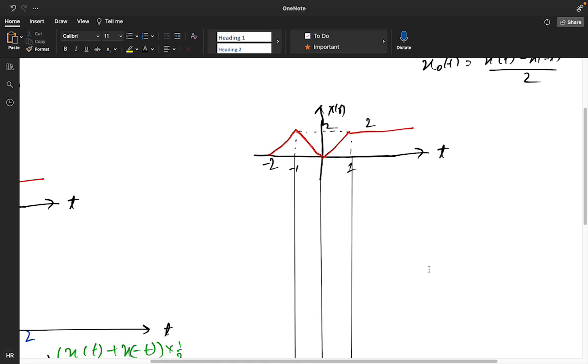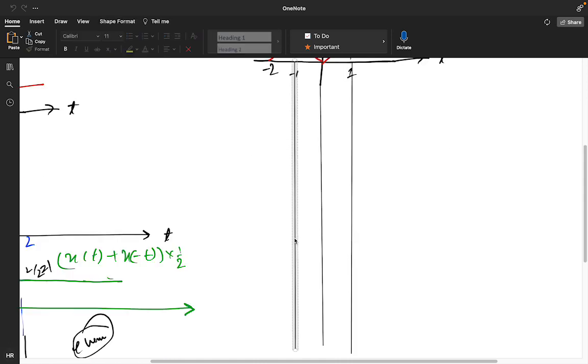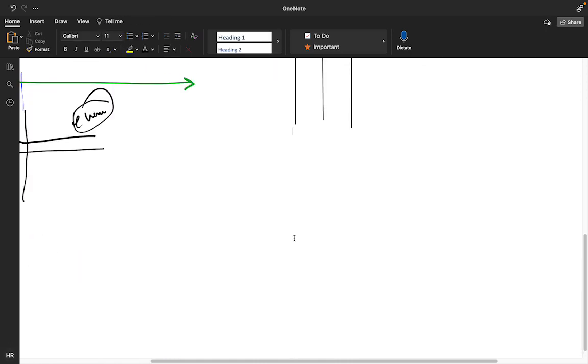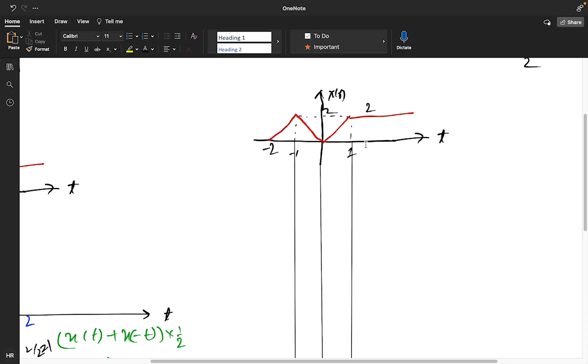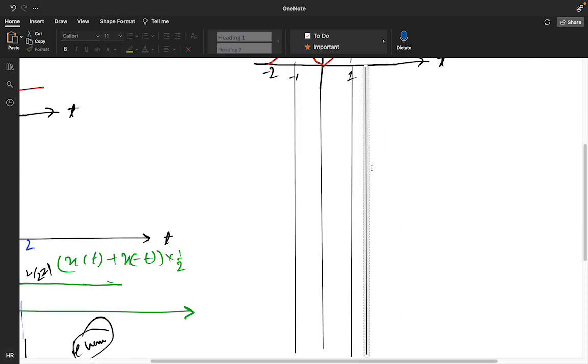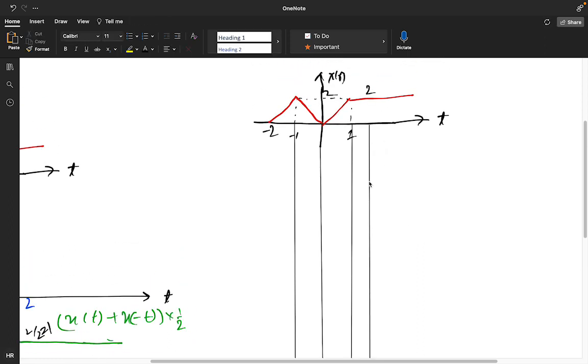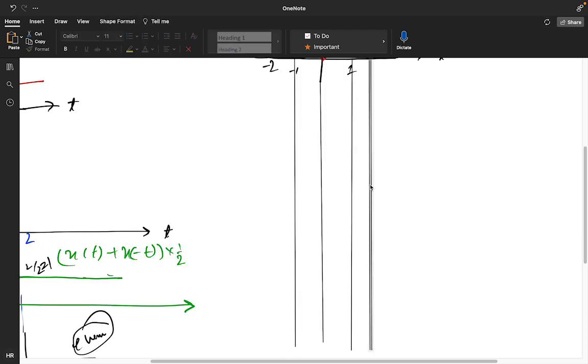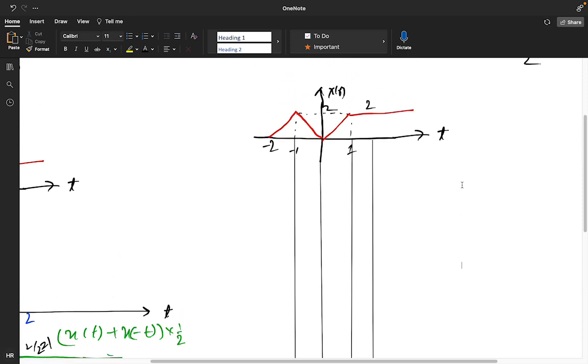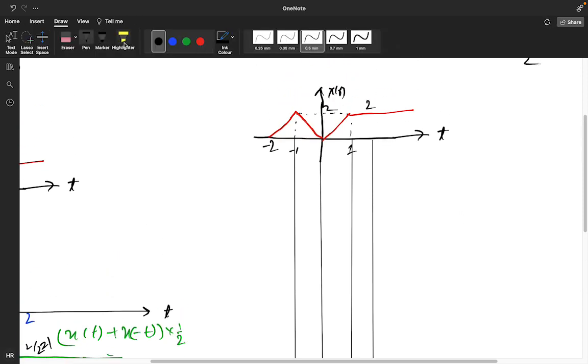Okay, guys. So this was your x of minus t.